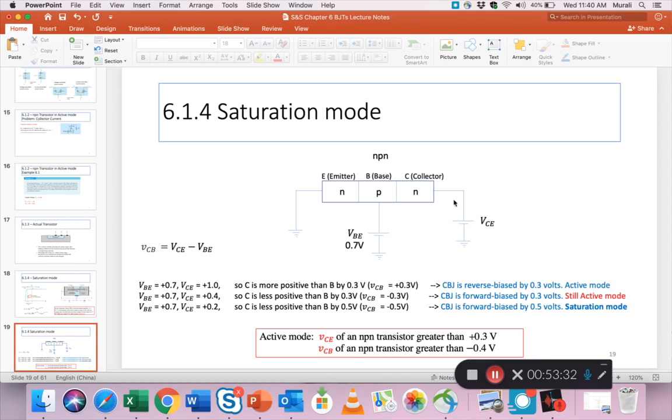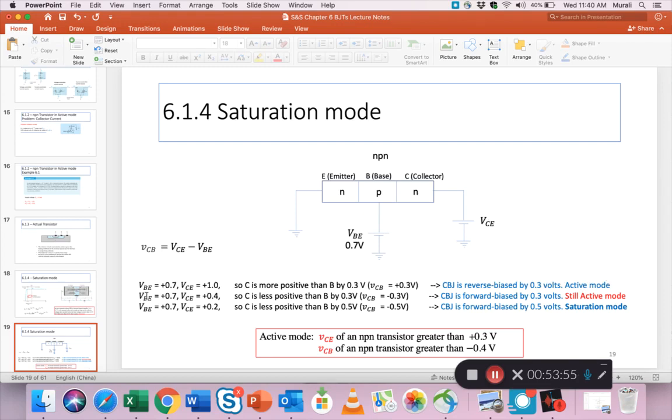So VC, the collector, is more positive by 0.3 volts compared to the base, plus 0.3. As long as this is positive, it's reverse biased. So CBJ is reverse biased by 0.3 volts, and we say we are in active mode.